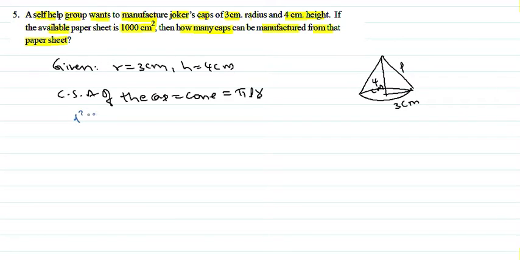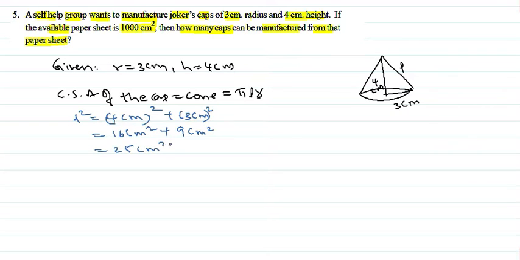So L square is equal to 4 centimeter square plus 3 centimeter square, which is equal to 4 4s are 16 centimeter square, 3 3s are 9 centimeter square, which is equal to 25 centimeter square. So we got L square is equal to 25 centimeter square, then L is equal to square root of 25 centimeter is equal to 5 centimeter. So we got slant height is 5 centimeter.